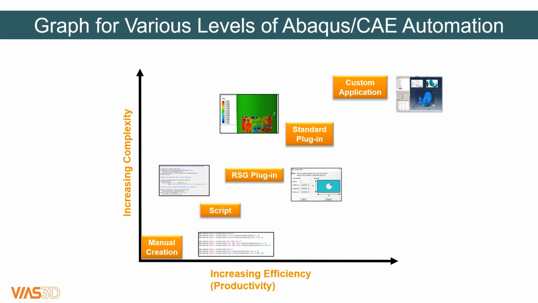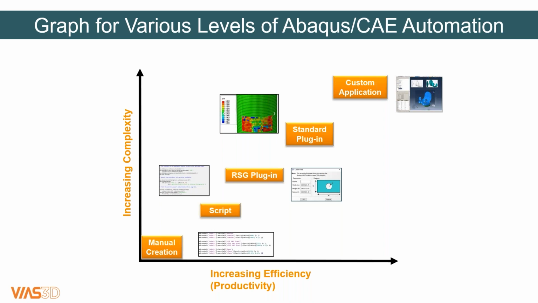Building off of that, if we look at this graph here, we can graphically look at the complexity on the y-axis versus the productivity increase on the x-axis. So again, we have all these different means of interacting with Abaqus CAE, and there are pros and cons of each.